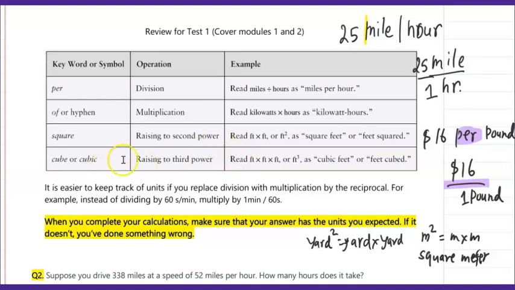Similarly, if you raise to the third power, or you cube it, that's called cubic. So if you have feet times feet times feet, if you multiply 3 feet, you get feet to the power 3, or cubic feet, or feet cubed, the same name.